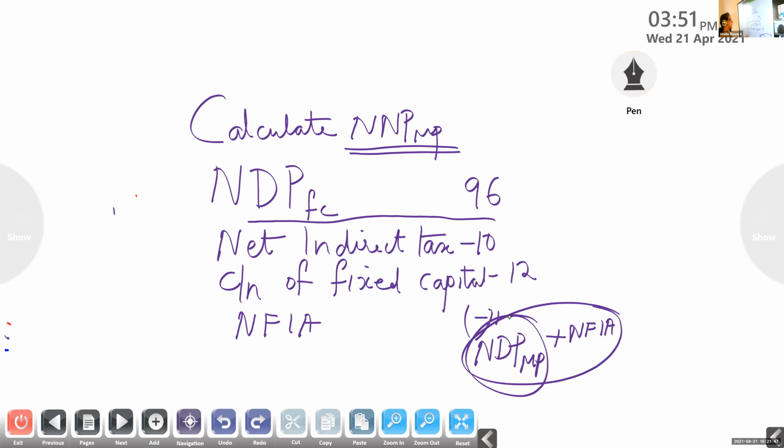They have given NDP-FC here. From that you have to go to NDP at market price. How to go to NDP-MP?